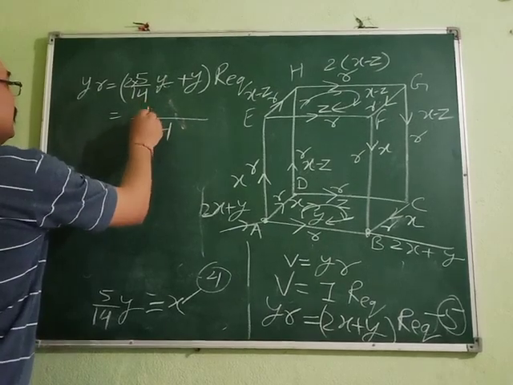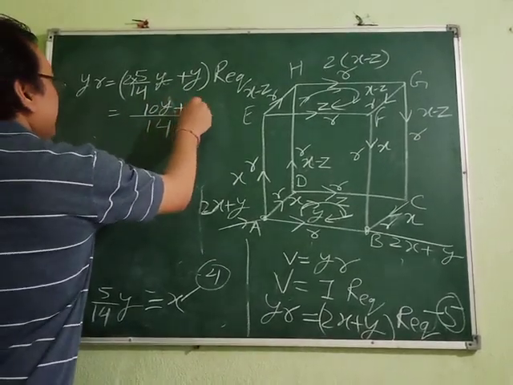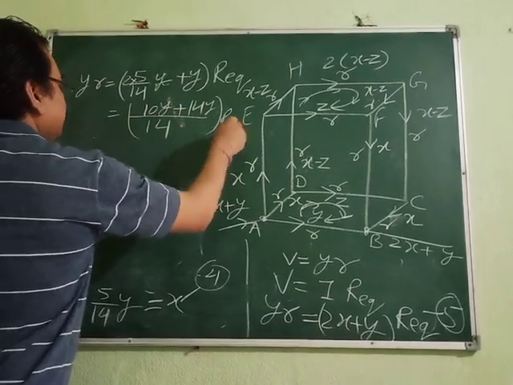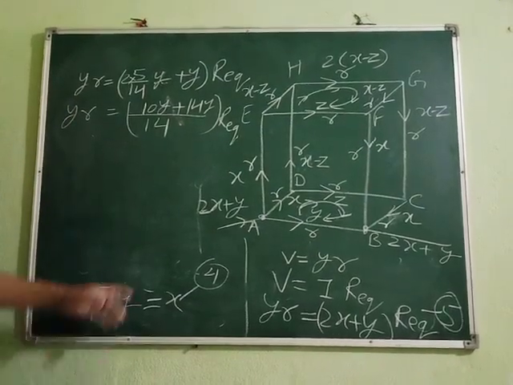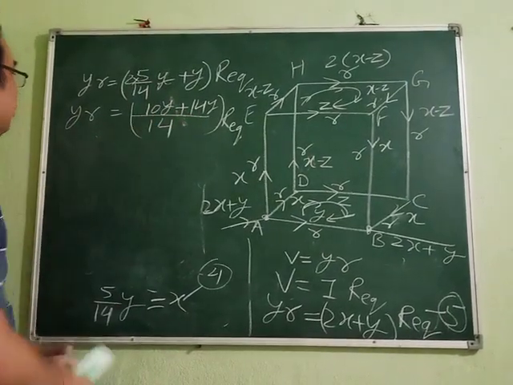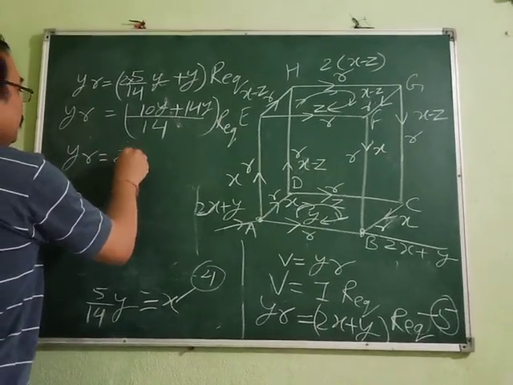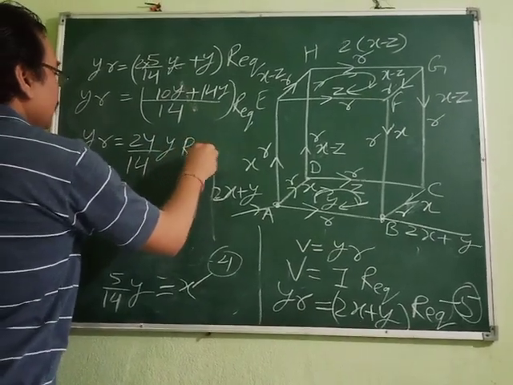We will get 10y plus 14y into R equivalent, that is yR. Now 10 plus 14 is 24, so we will get yR is equal to 24 by 14 y into R equivalent.